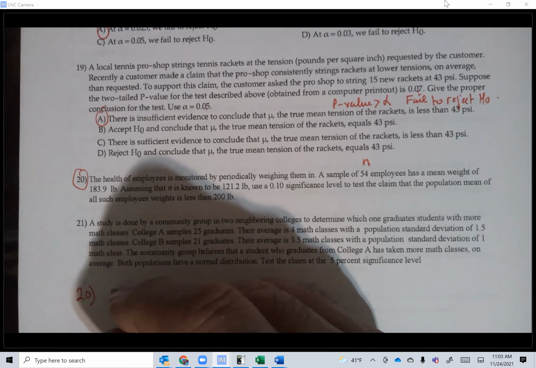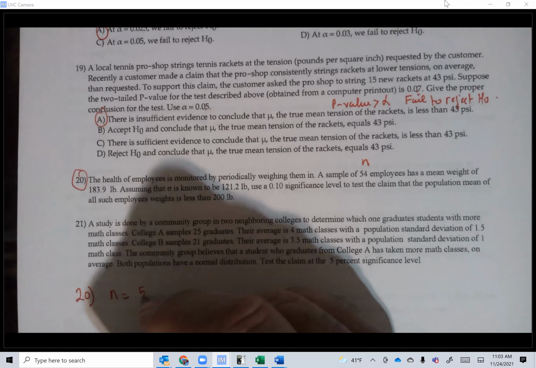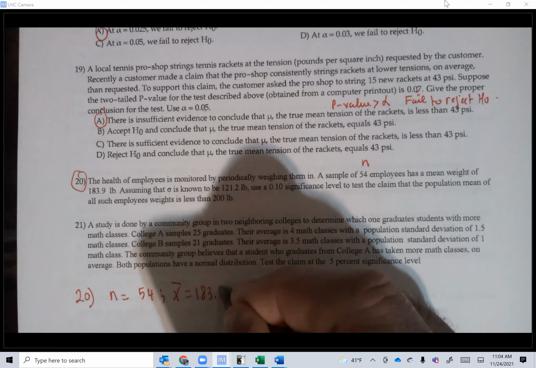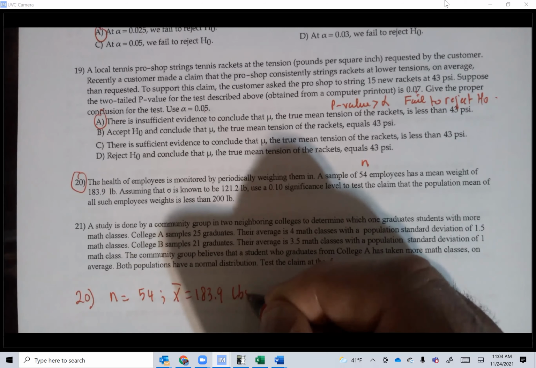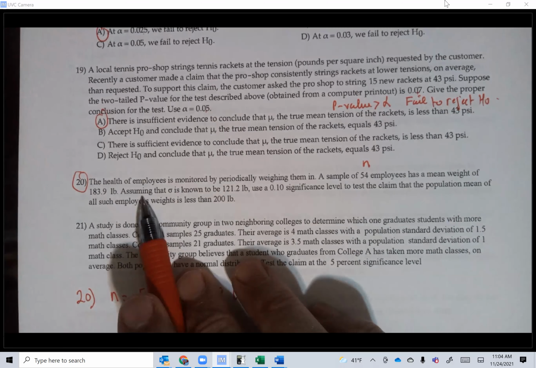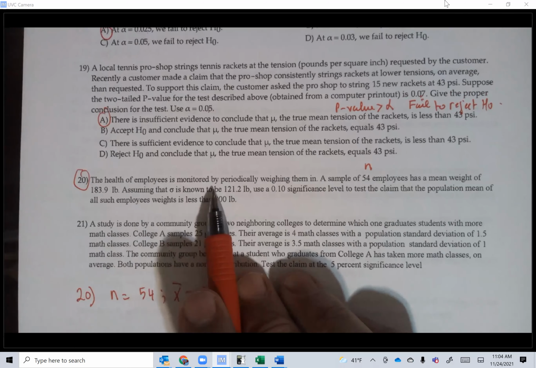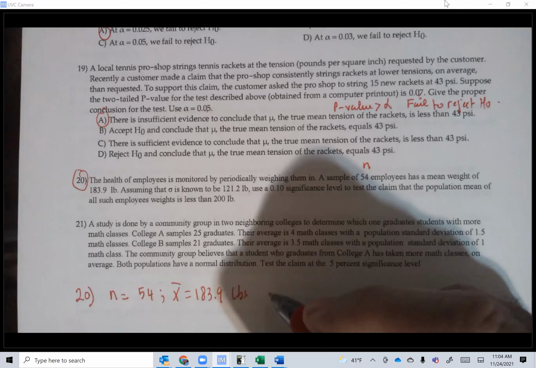So N is 54. X bar, guys, is 183.9 pounds. Look, guys, what it says here. Please pay attention. Assume that sigma is known to be 121.2. So sigma.